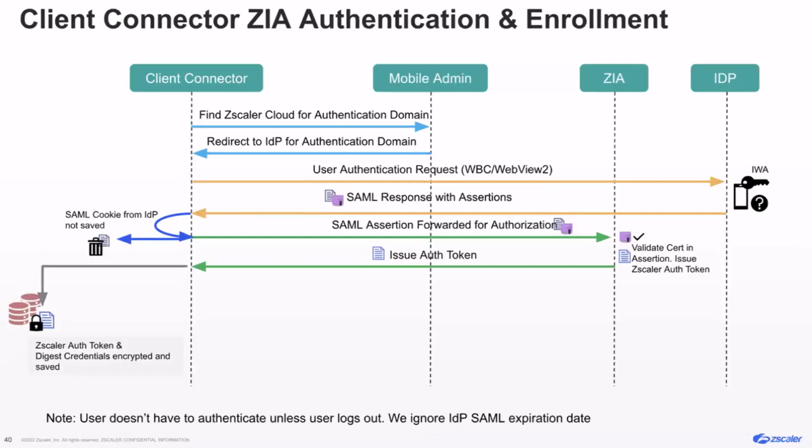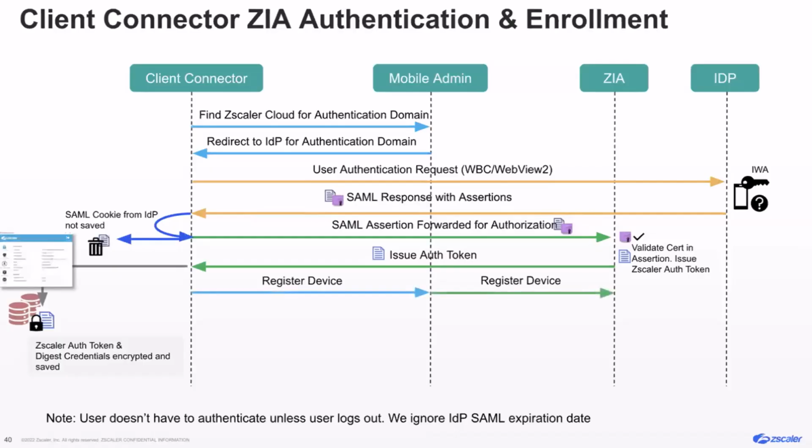And after that, we will go ahead and start the enrollment process, register the device with mobile admin, right? And then that's when you will see the Client Connector page pop up right after that. So we know we have registered, and once we register, what we also will receive is a set of digest credentials, okay, that we then use for every request that goes out to ZIA.